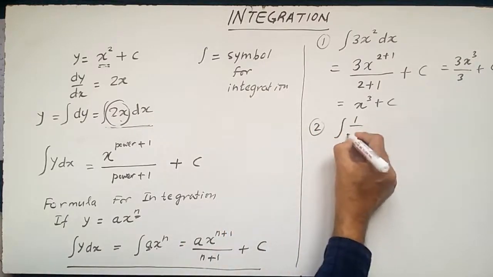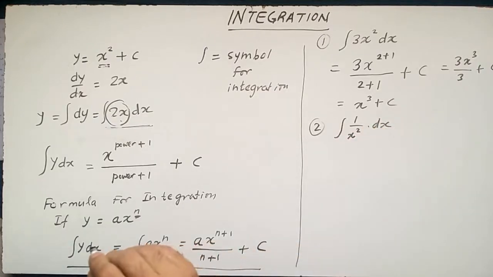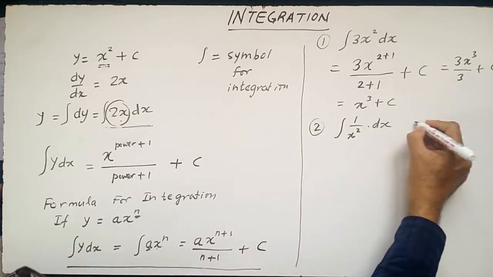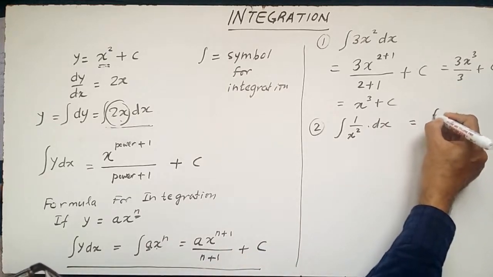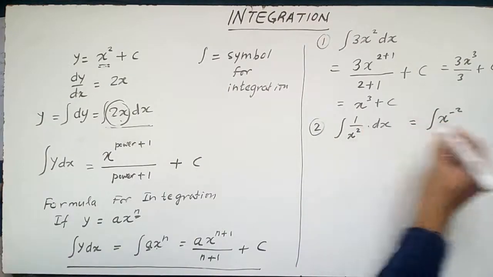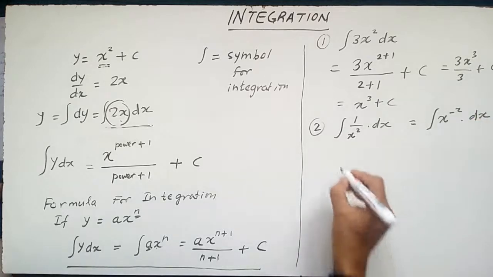Okay. Let's take another example, integration of 1 upon x squared dx. So here we can write 1 upon x squared as x to the power minus 2, where 2 goes up, it will become minus 2. So this will become integration of x to the power minus 2 dx.